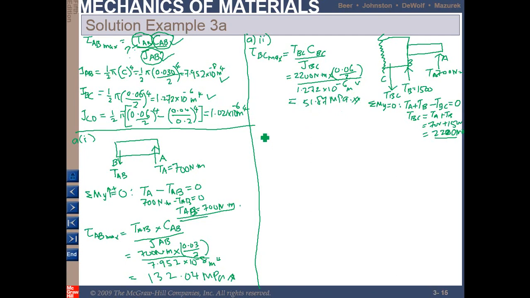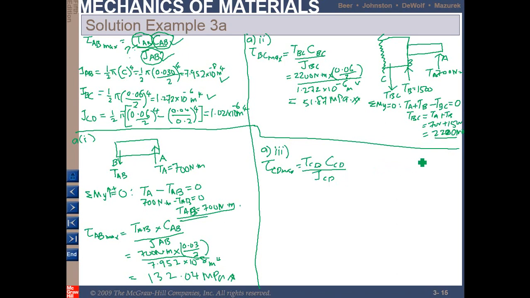Okay, and this is the solution for A2, and now the solution for A3. Same, shear at CD maximum is equal to torque CD times CCD over JCD.